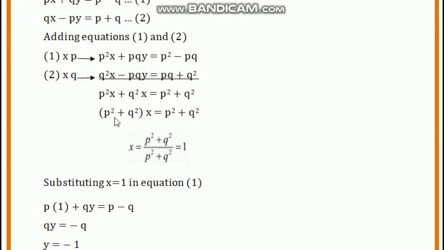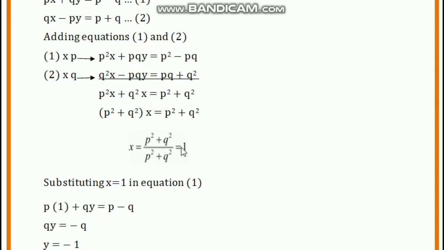Then x is common, so take it outside, and the remaining is p square plus q square, and the right hand side is also p square plus q square. You know how to find the value of x: we need to transpose p square plus q square to the right hand side. If we transpose, we get p square plus q square divided by p square plus q square.